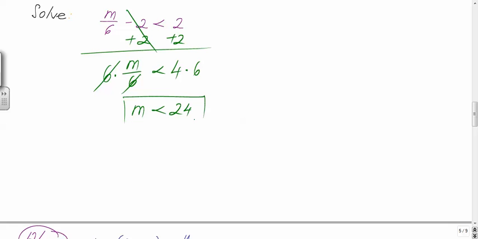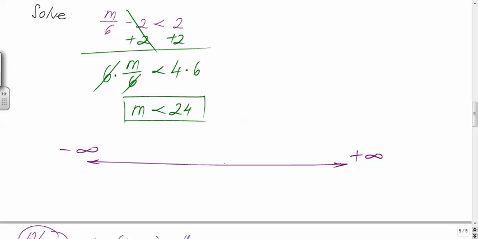And you are done. If you need to plot this one on the number line, you will have your number line. You will have the positive infinity, the negative infinity, and somewhere here will be your 24. Because the equal sign is missing, because your m cannot be 24, you will have an empty circle. And let's use a different color for you.